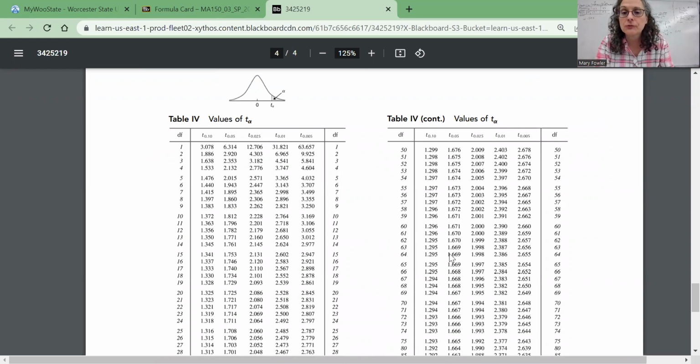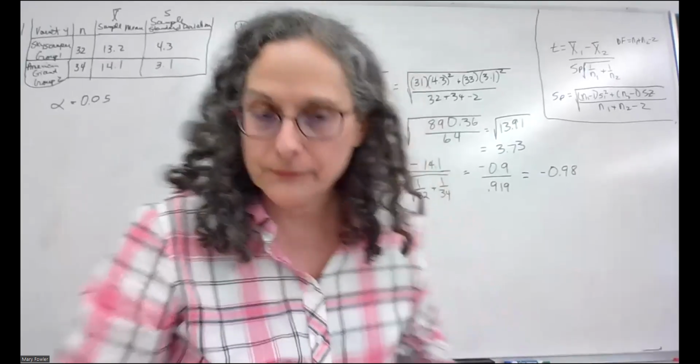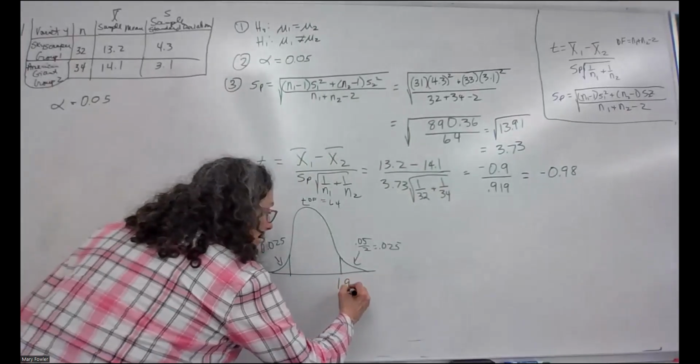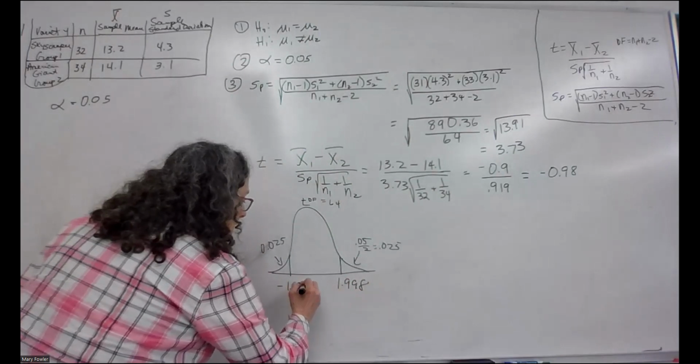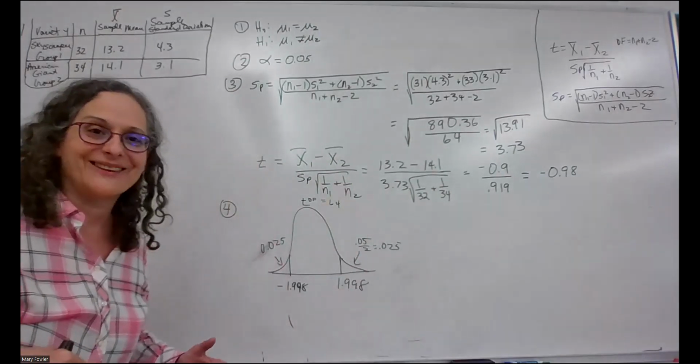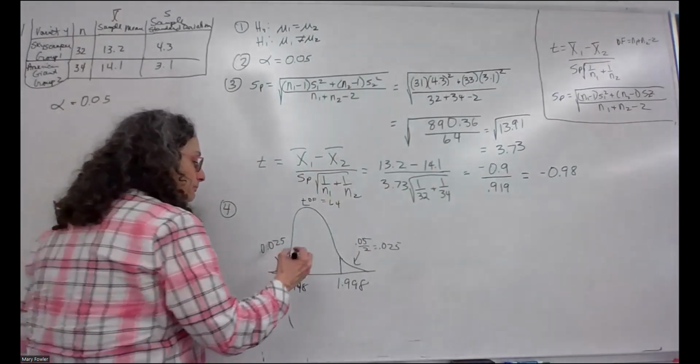So we're here in this row, and we want the table to give us T, so 0.025, 0.025, 1.998. So we get 1.998 as our critical value, and by symmetry, it's opposite on the left there.